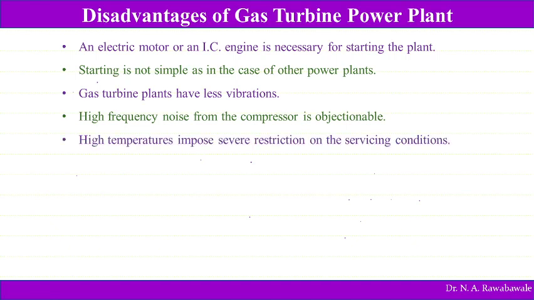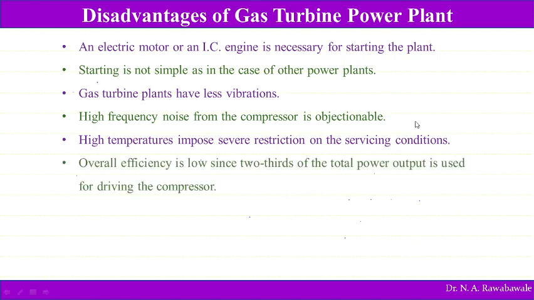Then, high temperature imposes severe restrictions on servicing conditions. As the gas turbine power plant works at high temperature, whenever we need to do maintenance, the high temperature of the gas restricts the maintenance activities.